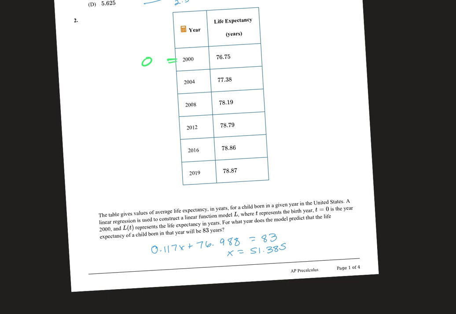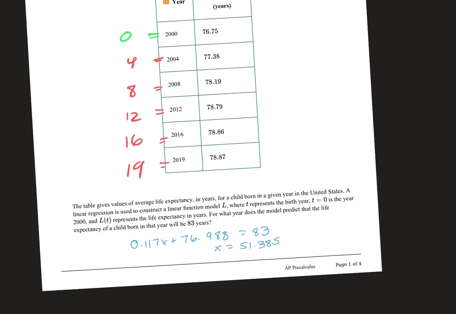It told you it was linear, but you had to come up with a linear function where that was 0, and this was 4, and this was 8, and this was 12, and this was 16, and this was 19. You can't use the actual years. And then you would have gone to your regression, which was linear, and you would have gotten y equals 0.117x plus 76.988.